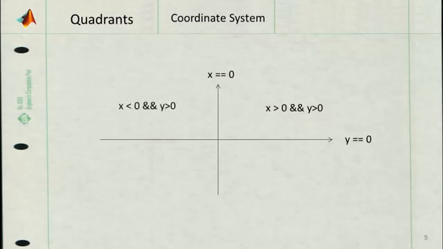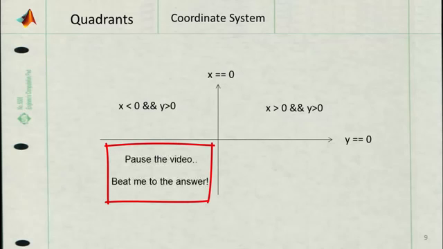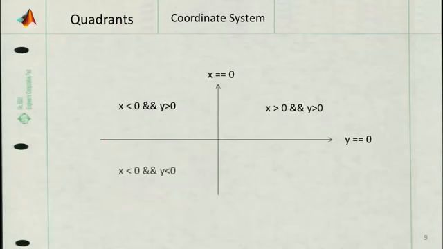If I'm in the top left, x is less than 0 and y is greater than 0. How about the bottom left? X is less than 0 and y is less than 0. I am always writing x first, but just so you know, you could flip both. You could do y less than 0 and x less than 0.